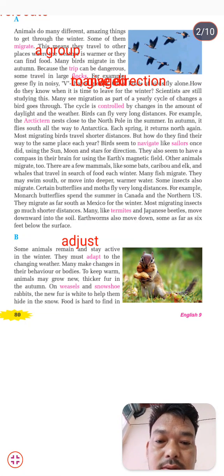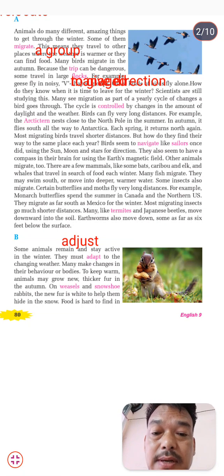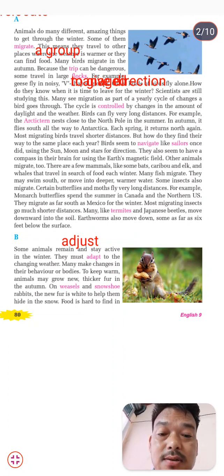Weasels and snowshoe rabbits are kinds of these animals. The new fur is white. The hair of these rabbits is white in color. That helps them hide in the snow.